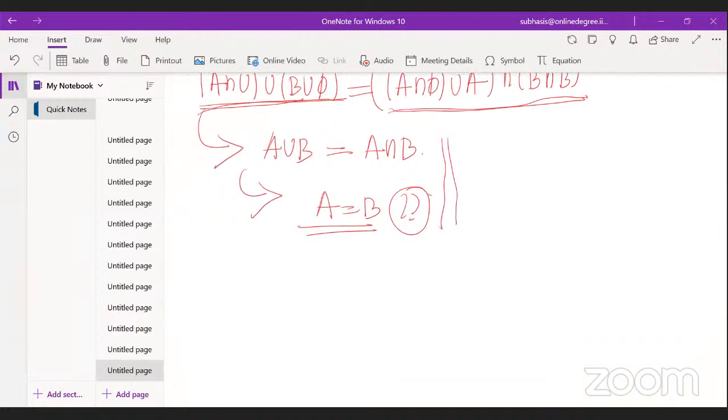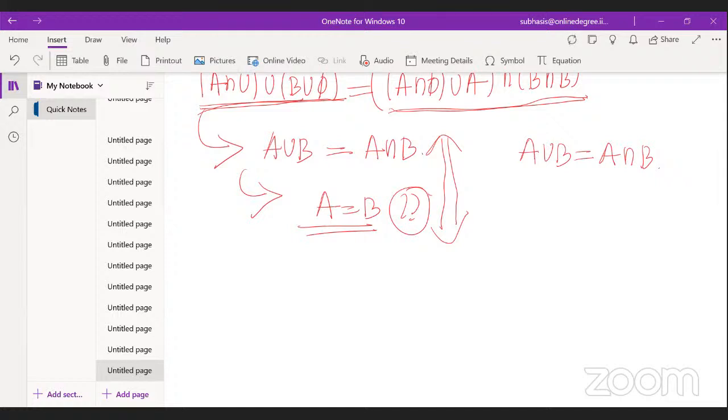You can see the video lecture, I think he solved it in one of the lectures. So you want to show that A is equal to B.